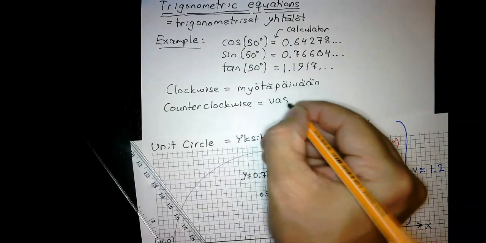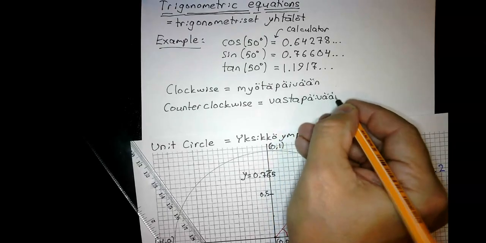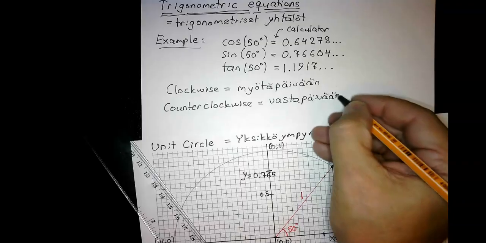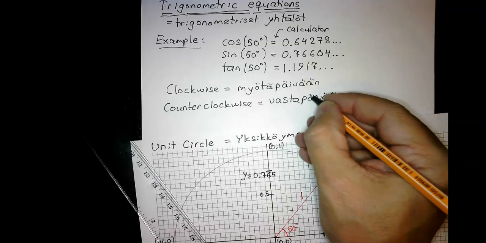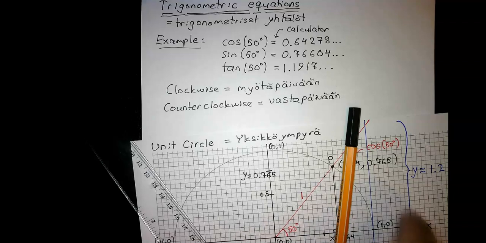This is vastapäivään in Finnish. Päivä is a day, and this means myötäpäivään. It actually means that it goes like the sun goes. It goes to the same direction as a clock, or this old-fashioned clock, which probably not so many have anymore.